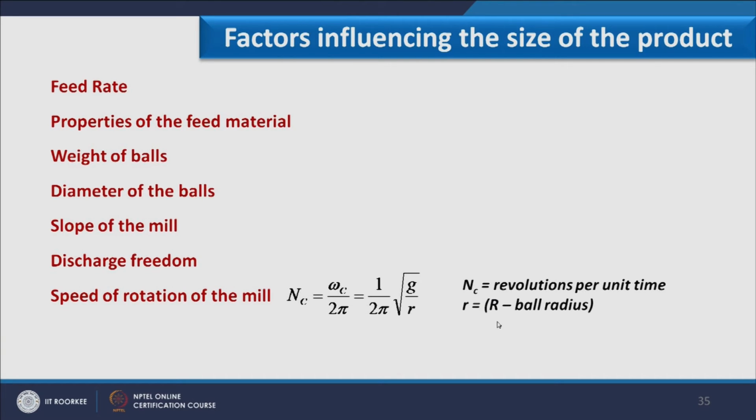Capital R is the mill radius. Further, we have the level of material in the mill, a factor which influences the performance of the ball mill.